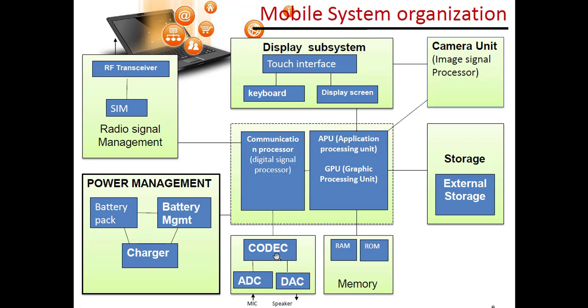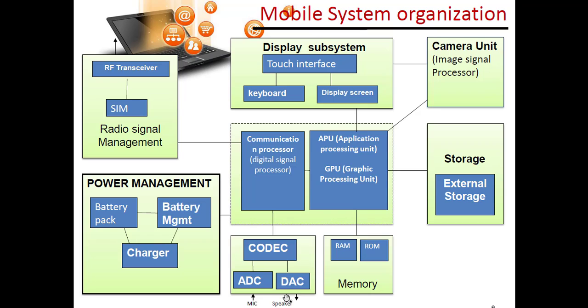So the analog signal that we are speaking has to be converted into the form of 0 and 1, or we can say in the form of digital signals. And the signals that are coming from the mobile are in the form of 0 and 1, so they have to be converted again into analog signals so that we can understand them.